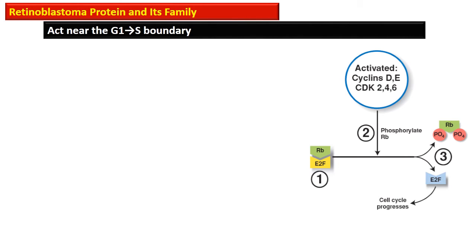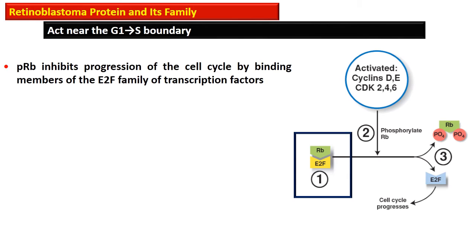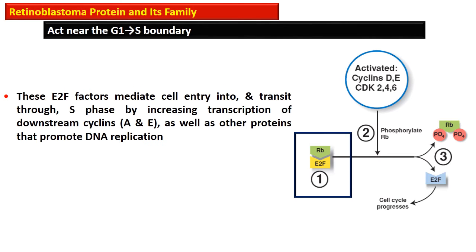The retinoblastoma protein and its family also regulate the cell cycle progression. They act near the G1 to S phase boundary. The prototype is P105RB, which is simply termed as pRB. The pRB inhibits progression of the cell cycle by binding with members of the E2F family of transcription factors, hence these are inactive.